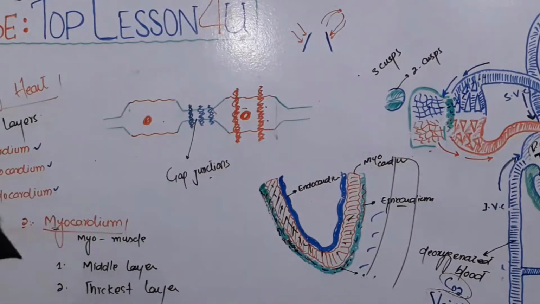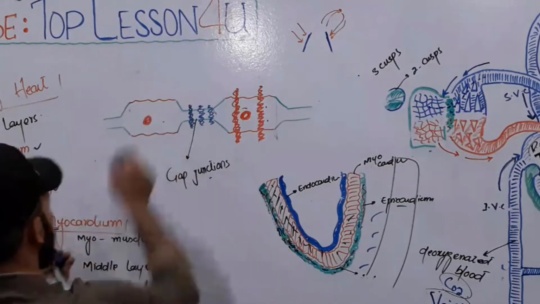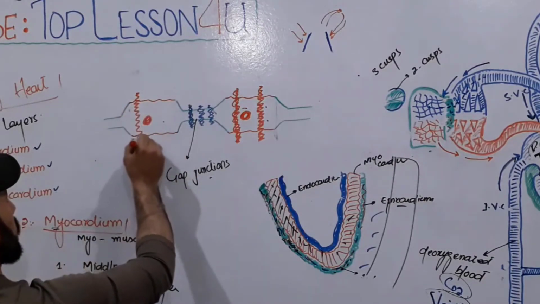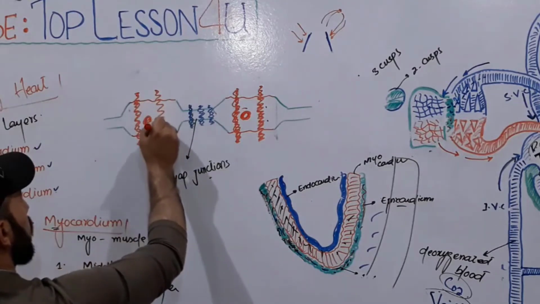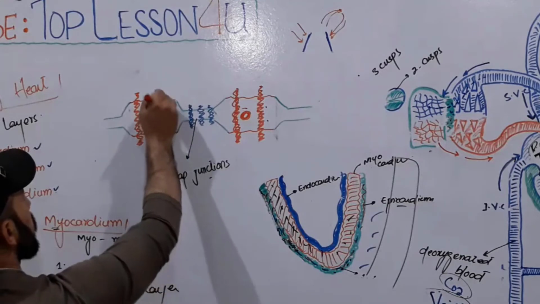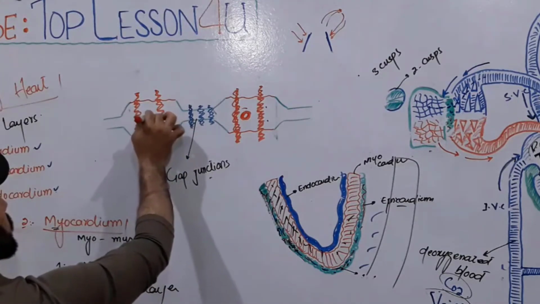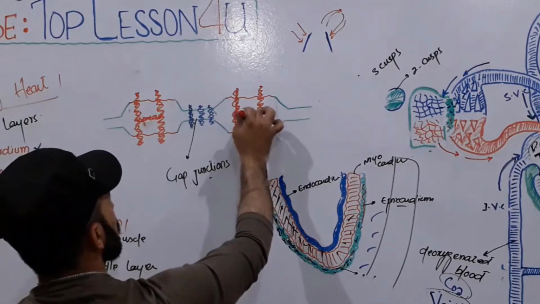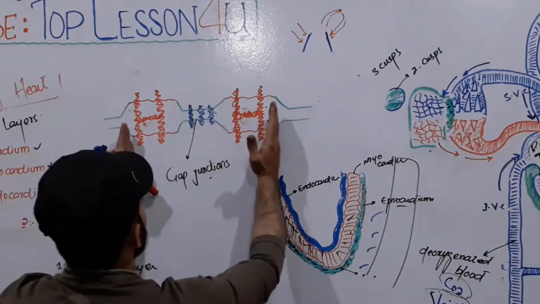Clear, friends? Here also those proteins are present, and these proteins are also connected with each other too. Clear? So these are called intercalated discs.